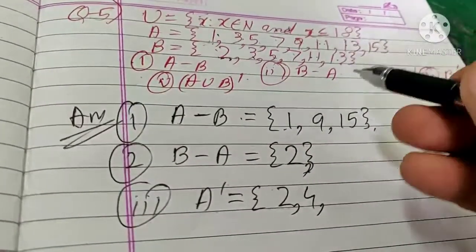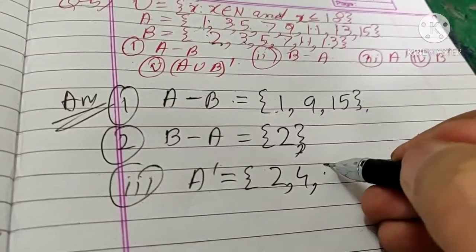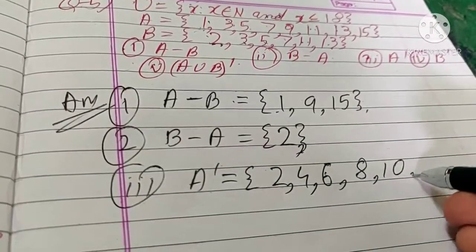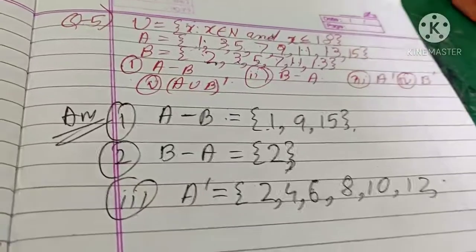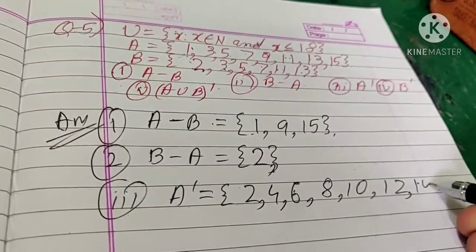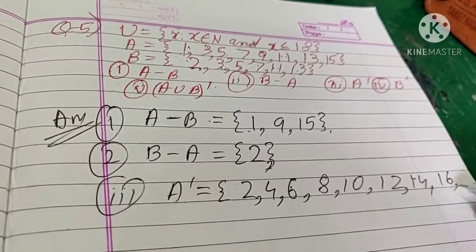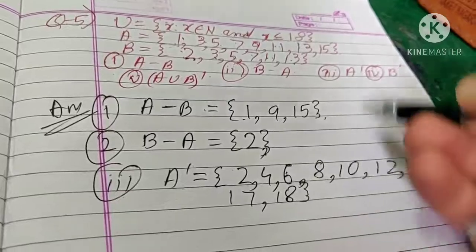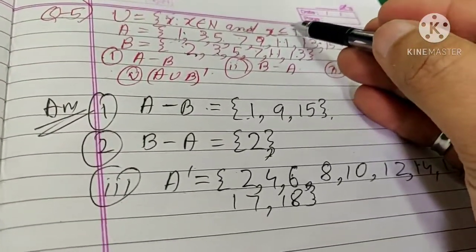We have to compare up to 18. 5 is taken, 6 is left, then 8, then 10, then 12, then 14, then 16, 17 and 18. Look, 17 is not here in set A but in this set.